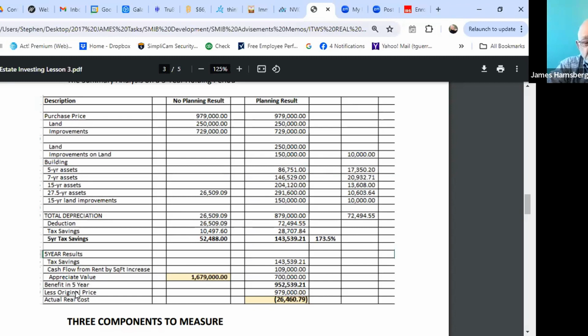So our benefit in value, in tax benefit and appreciated value after 5-year holding period is $952,539 against a purchase price of $979,000. So the building properties only cost us in 5 years $26,460. I will do that all day long and make that kind of return on my investment.